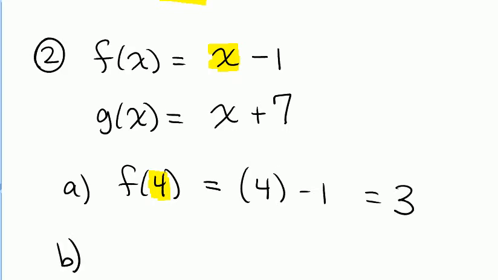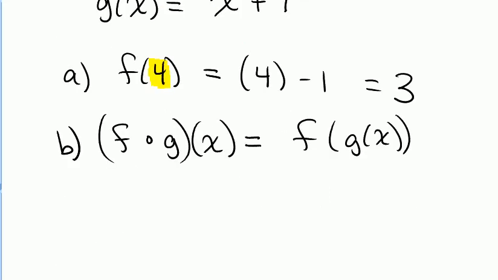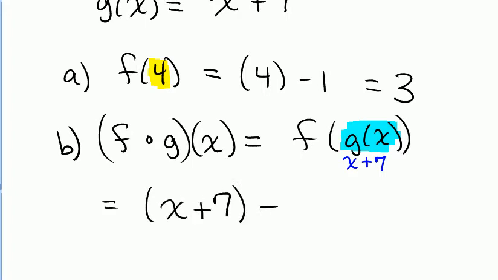Now let's find f of g of x. I like writing it using all parentheses. So we know what g of x equals. G of x is x plus 7. So what we're really doing is x plus 7 minus 1, which becomes x plus 6.